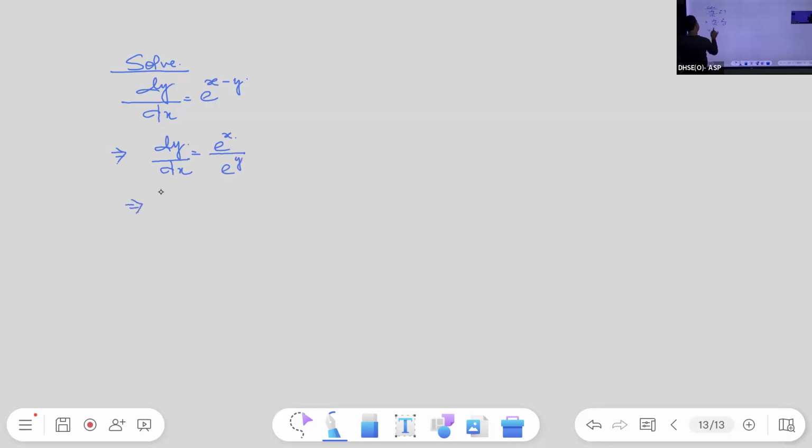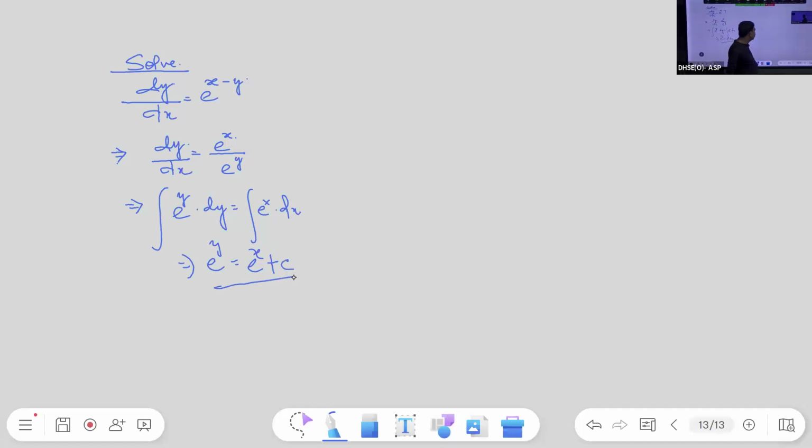So using variable separable, integral e power y dy equals integral e power x dx. This implies e power y is equal to e to the power x plus a constant c. Quickly note it down.